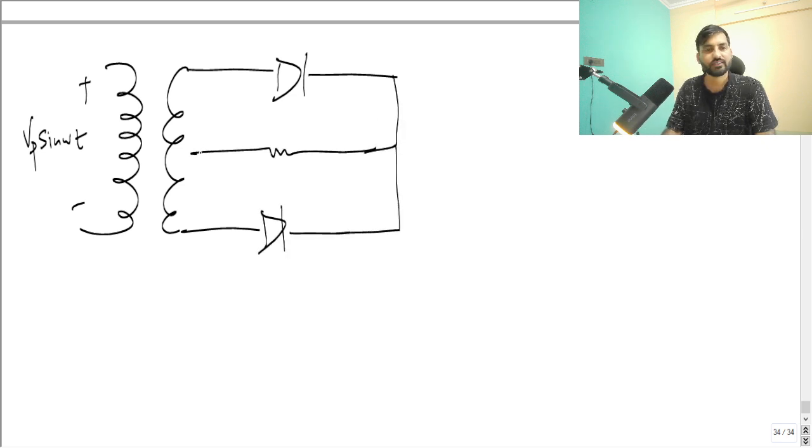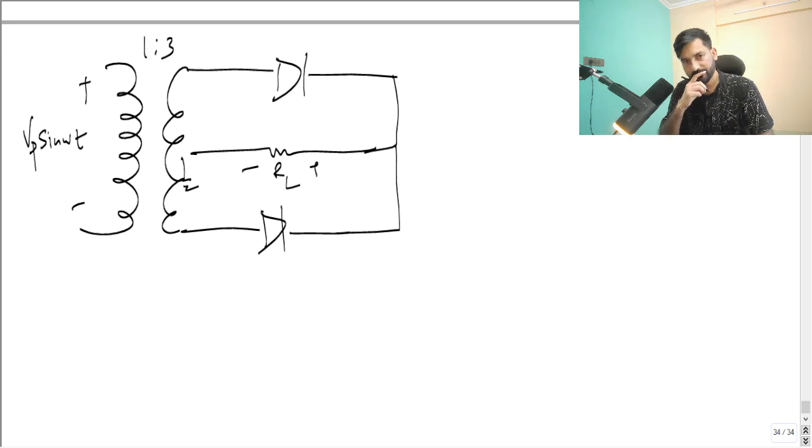If you have it like this, with RL, plus minus, let's say the turns ratio is given as 1:3. If someone asks you what is the value of Vp, what is the value of V average, can someone find out V average in this case? So V average will be what in terms of Vp and all.